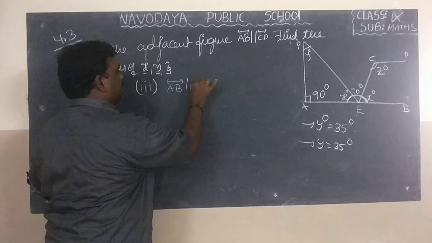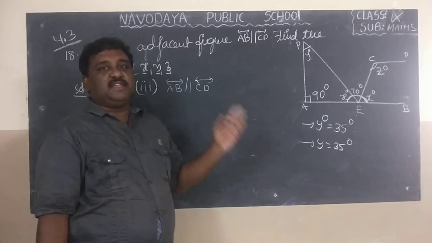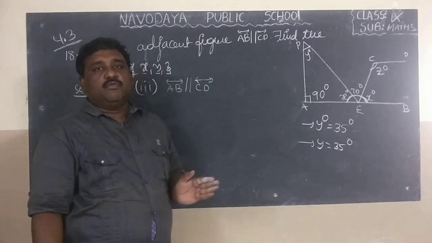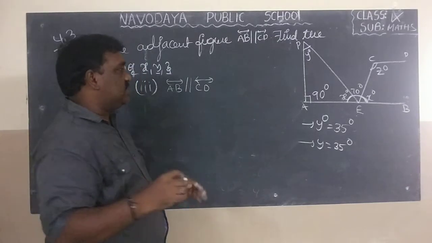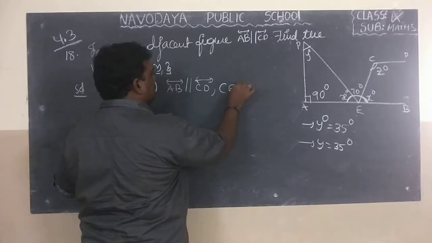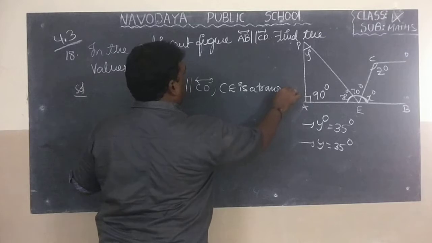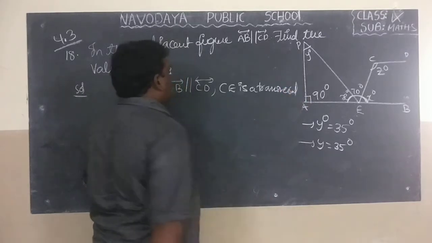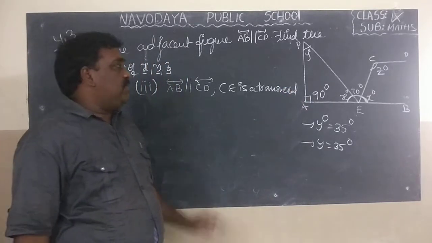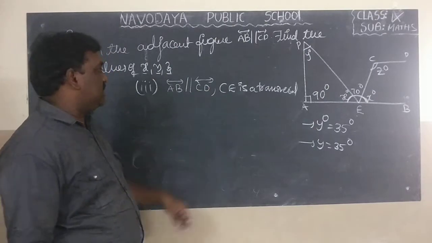parallel CD. See the diagram. AB parallel CD. Then automatically we think about transversal. What is the transversal here? CE is a transversal.